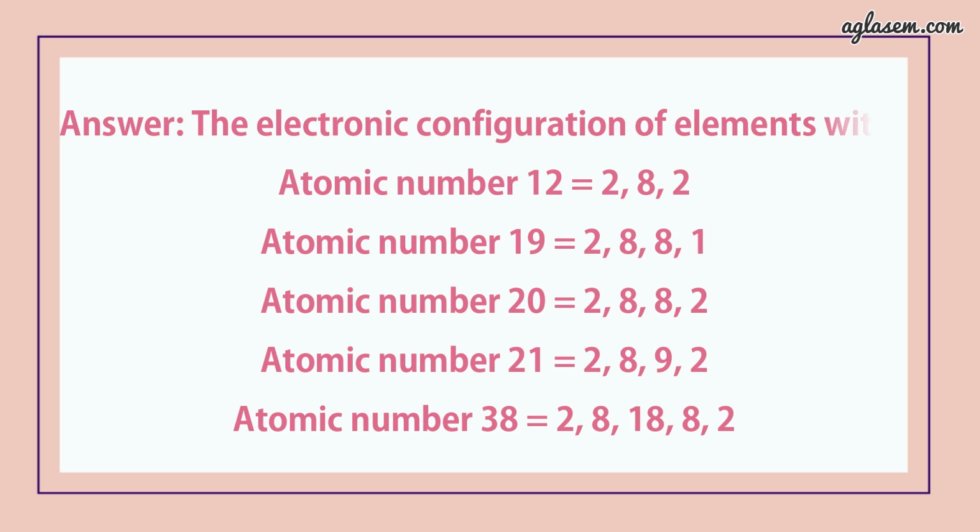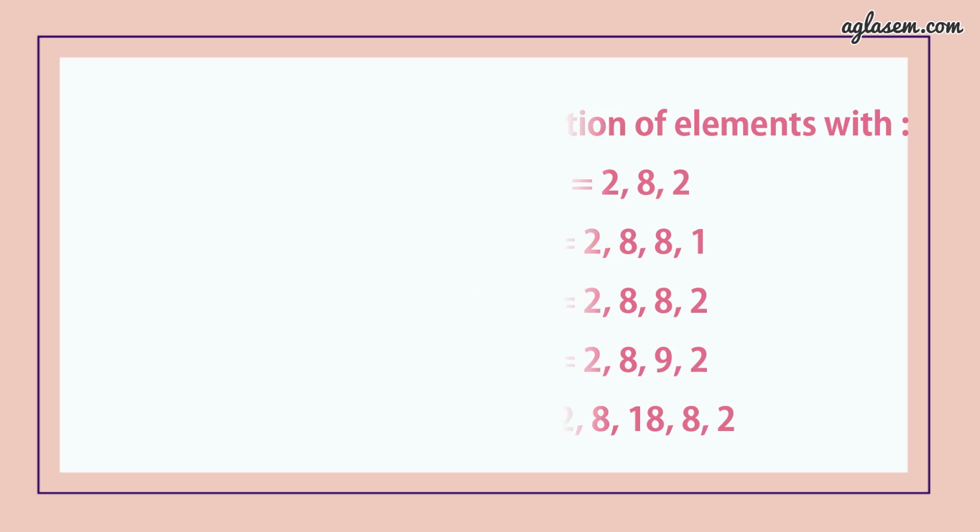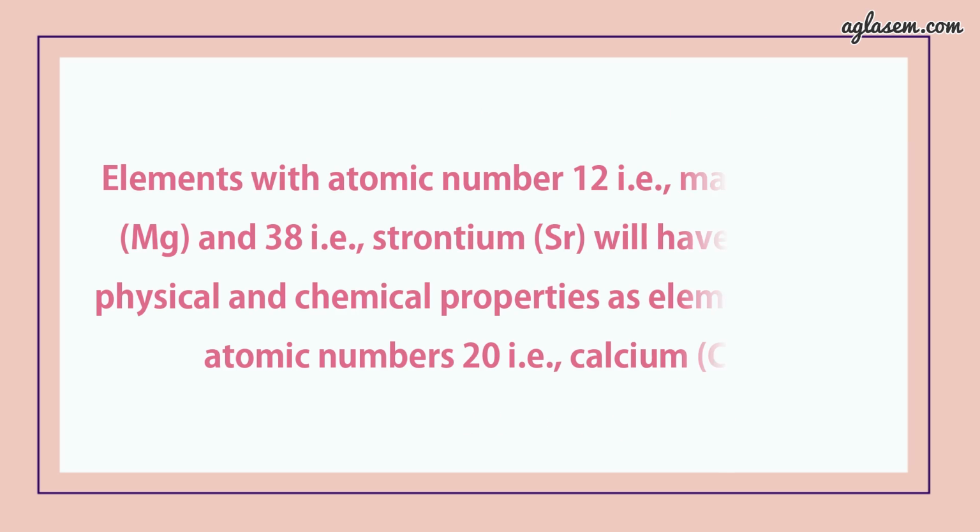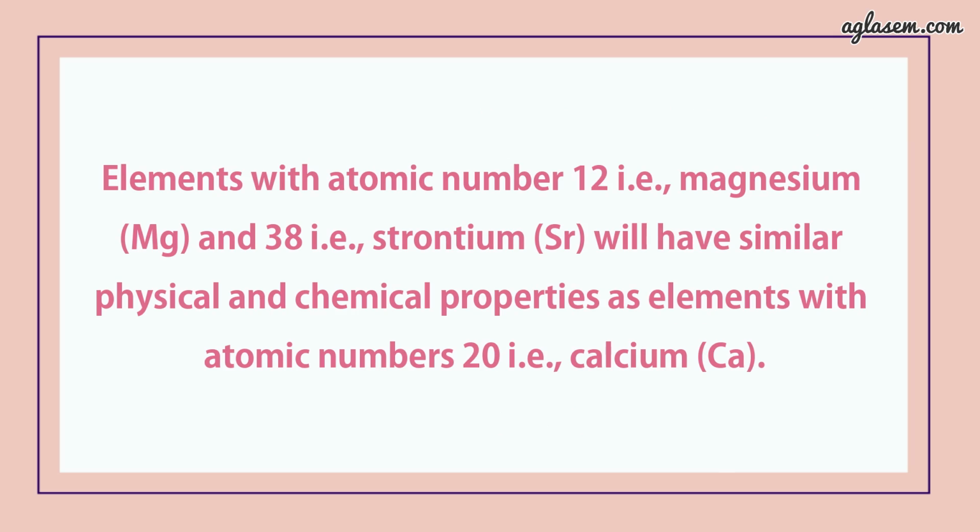Answer is, the electronic configuration of the element with atomic number 12 is 2, 8, 2, atomic number 19 is 2, 8, 8, 1, atomic number 20 is 2, 8, 8, 2, atomic number 21 is 2, 8, 9, 2, atomic number 38 is 2, 8, 18, 8, 2. Elements with atomic number 12, that is magnesium, and 38, that is strontium, will have similar physical and chemical properties as the element with atomic number 20, that is calcium.